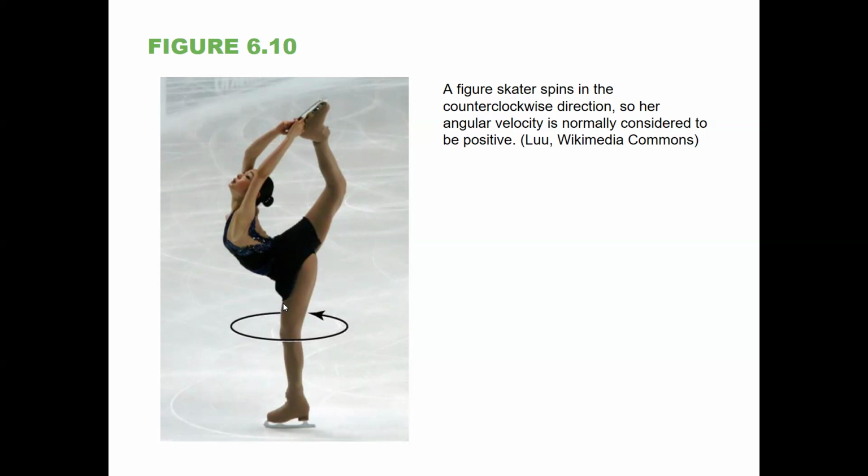A question on the exam would be, if a skater spins counterclockwise, is that positive or negative? People think that clockwise is the normal thing, so that should be positive. No, the clockwise direction is the negative direction, while the counterclockwise direction is the positive direction.